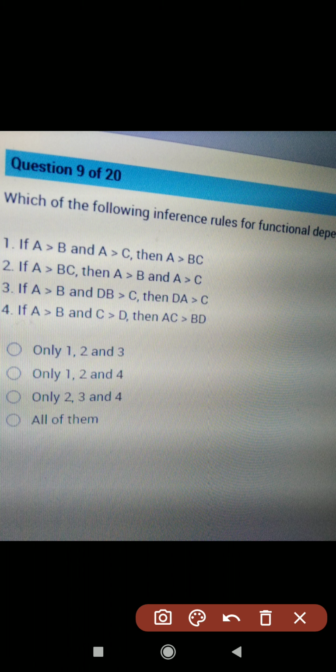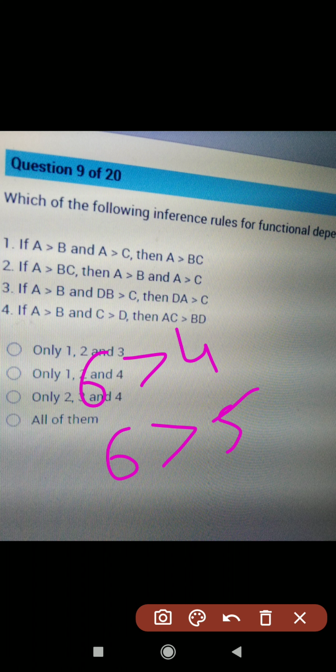And 1 is not true, guys, because you see here there is a possibility that A is greater than B. Let us say that A is 6. Okay, so 6 is greater than 4. A is greater than C: 4 means B here, and A is greater than C means 6 is greater than, let us say, 5. Okay, so 6 is greater than 5.